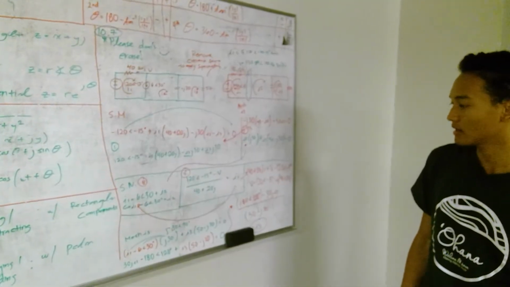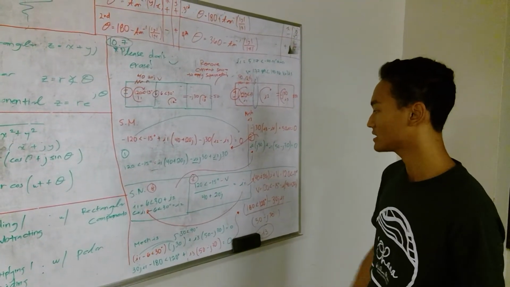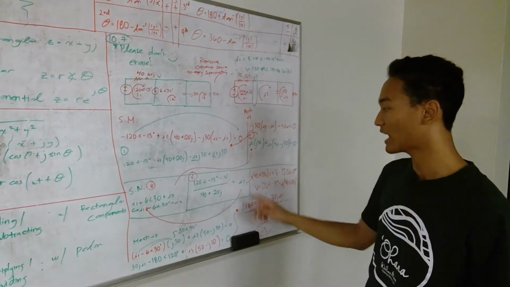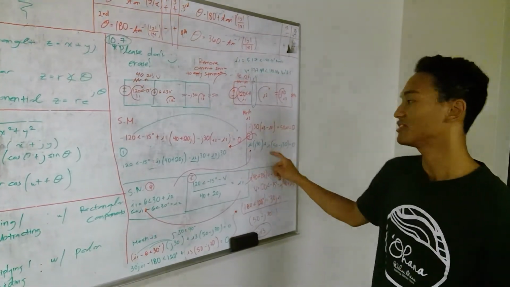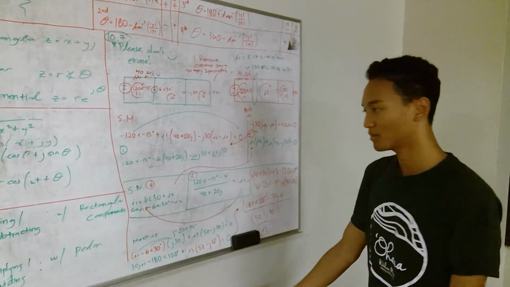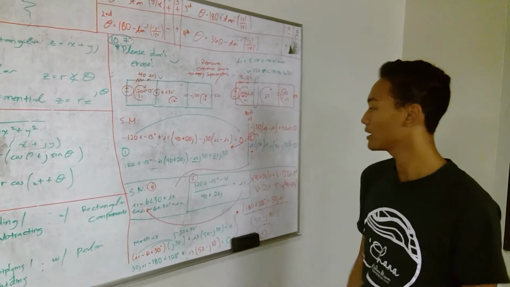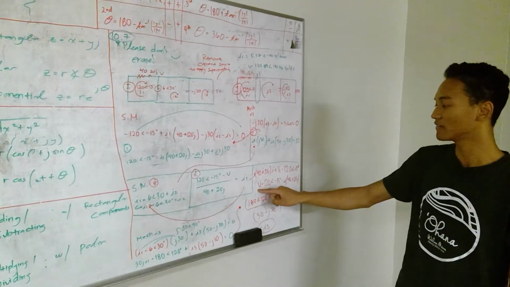Just to show my method on how I did this, to find V, I need to find I1, and to find I1, I need I2, but to find I2, I need I3, and then I'm going to use this big equation to find what I1 is. Find that I1, plug into this equation, isolate all your variables, so you can find voltage.